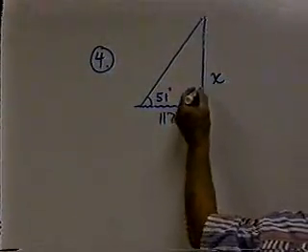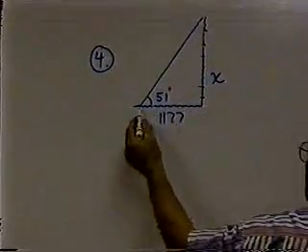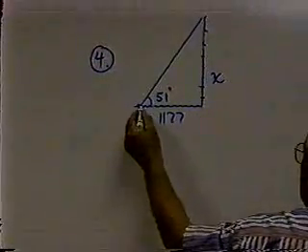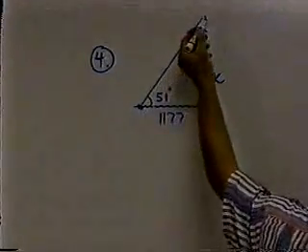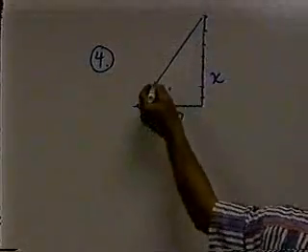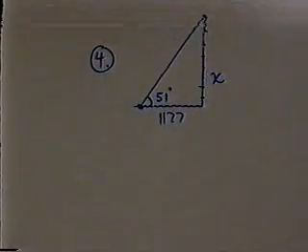All right, so here's the tower, and here's the ground. We're coming over here at 1177 feet, and we're looking up and sighting the top of that, and this angle is 51. Now wait a minute, angle of elevation.